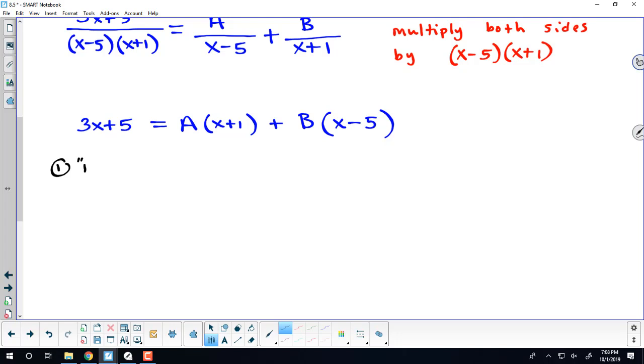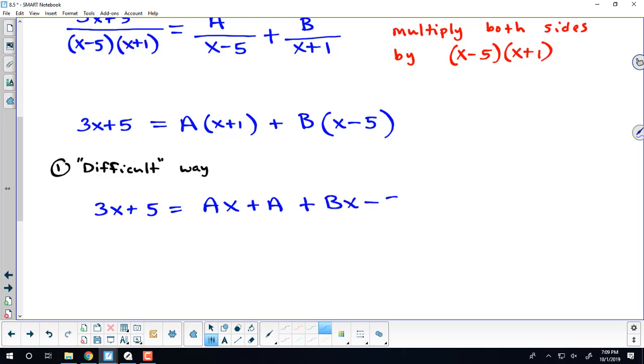I guess it's relative, so I'll just put it in quotations. The difficult way to solve for A and B is just to multiply all of that stuff out. We have 3x + 5 equals Ax + A + Bx - 5B.